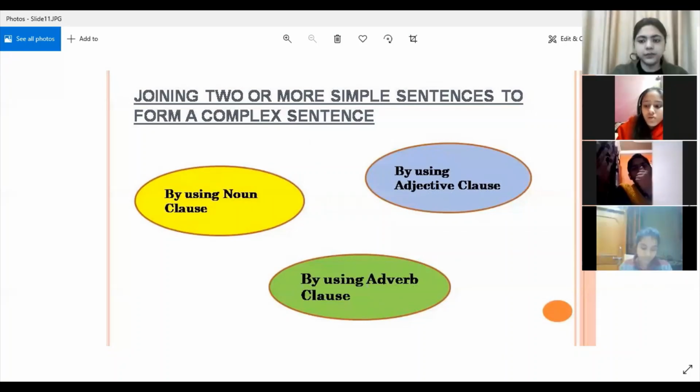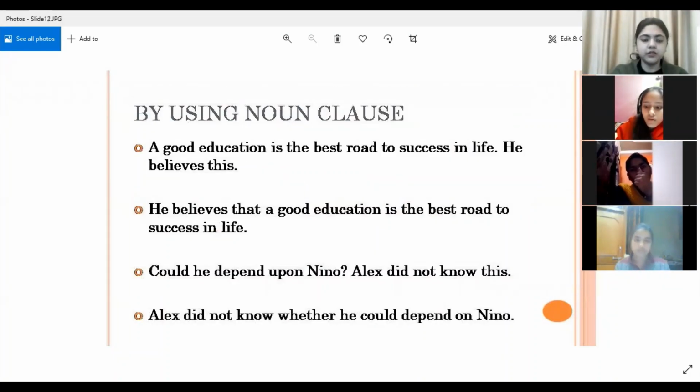So let us see the first one, by using a noun clause. A good education is the best road to success in life. He believes this.